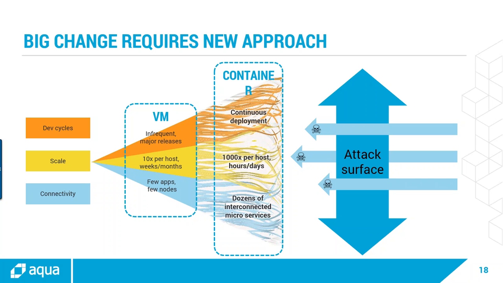When you look at containers as an evolution of VMs or the next stage, you're looking at a magnification on a much larger scale in terms of speed of the development cycle, in terms of scale of just how many objects you have to deal with and how many things are happening, as well as obviously connectivity and complexity of how the interconnected microservices interact.